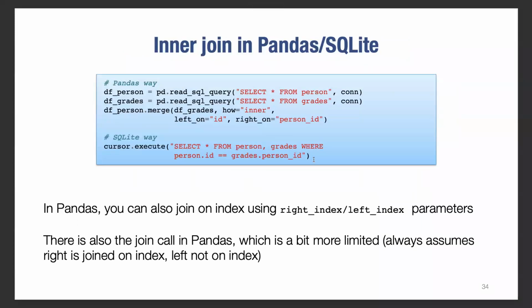So this is the syntax for running inner join in Pandas or SQLite. I'm going to share the notebook after, so you can always try it, but please also engage the GitHub discussions as well as Slack to ask your questions, please. But typically, Pandas has a function, read SQL query, that takes your SQL command as well as a connection to the database, right?